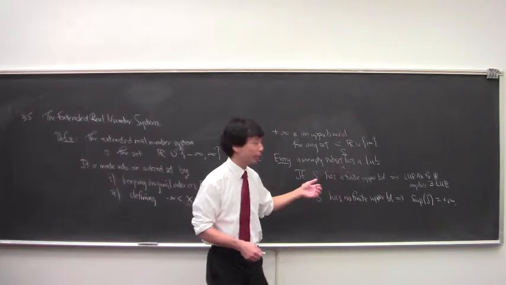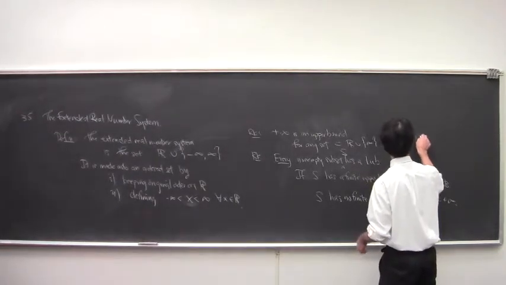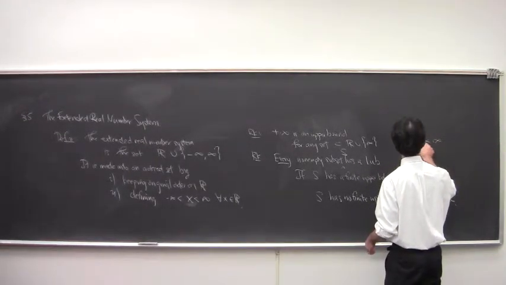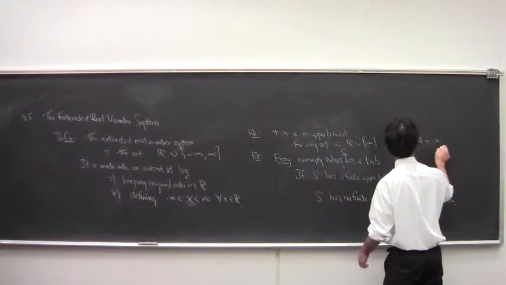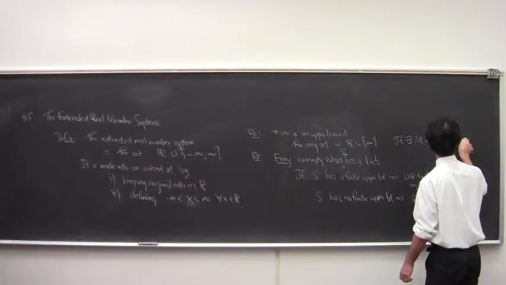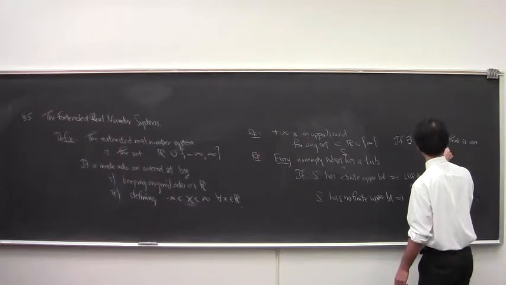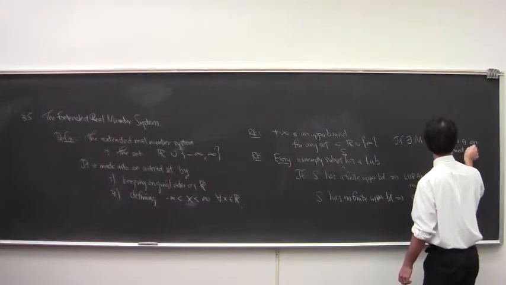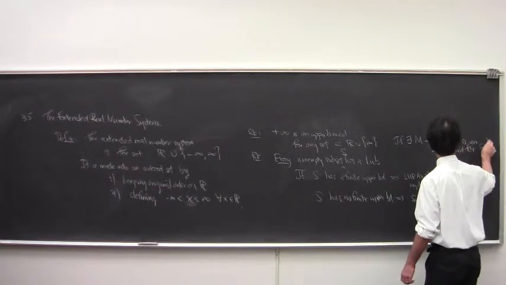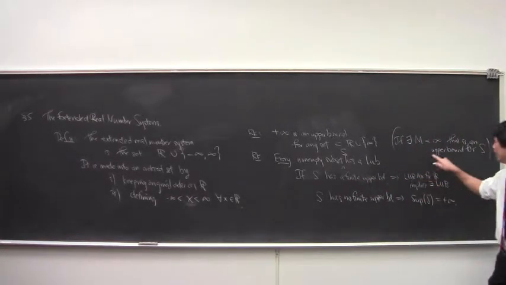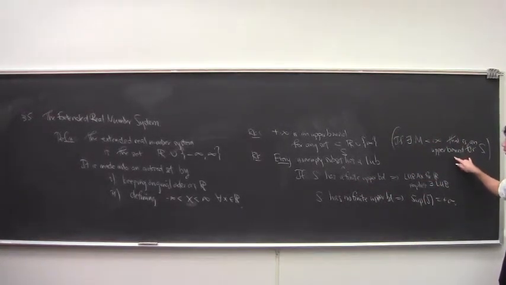If there exists an m less than infinity that is an upper bound for S, then our set is bounded above as a subset of R. We don't even have to think about infinity.